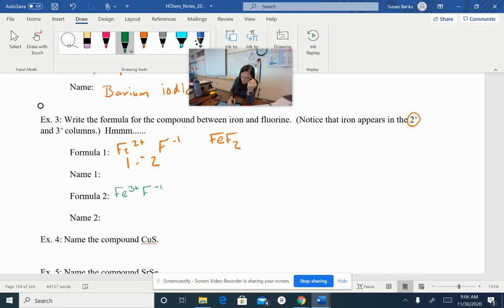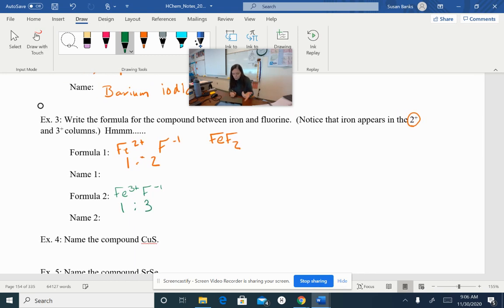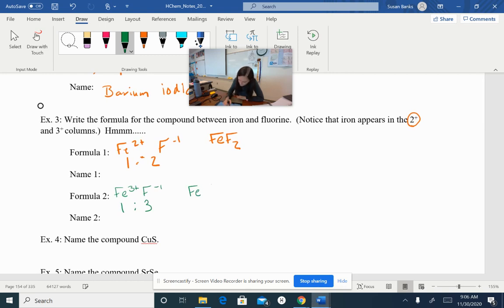So how many irons do I need to get a charge of positive 3? I need 1 of them. And how many fluorines do I need to have a charge of negative 3? 3 times negative 1 will give me negative 3, so I need 3 fluorines. So our formula here is going to be 1 iron and 3 fluorines.